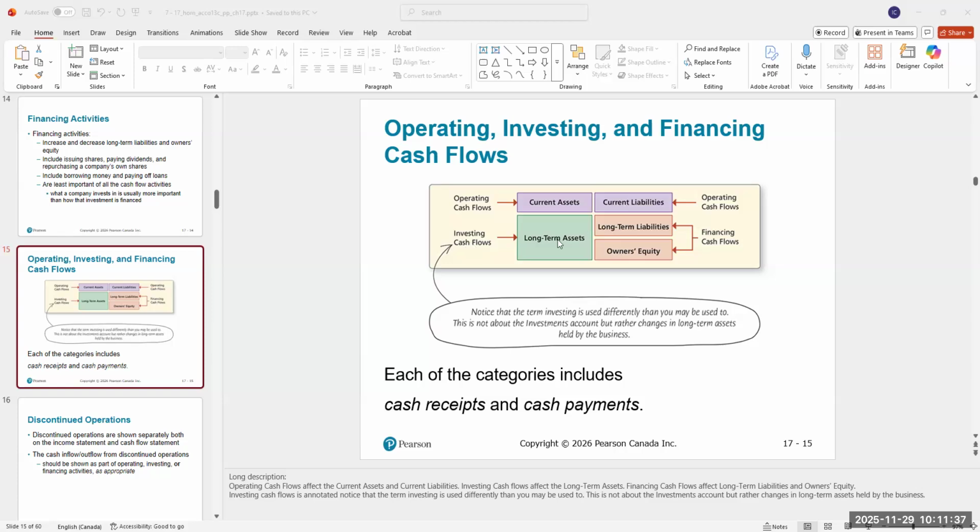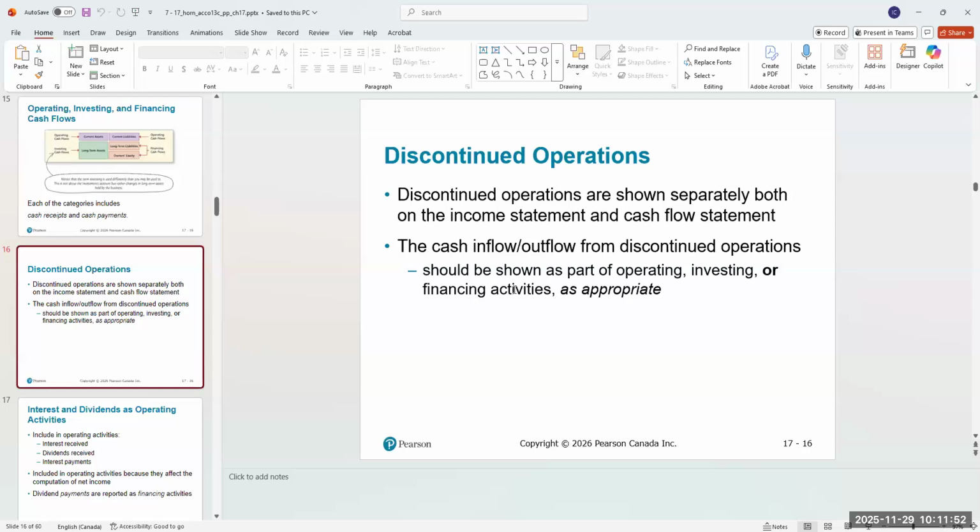Investing activities cover the long-term assets, and financing activities catch long-term liabilities and owner's equity. Moving forward, let's look at discontinued operations. If you have any discontinued operation on the income statement, that's going to be shown separately.